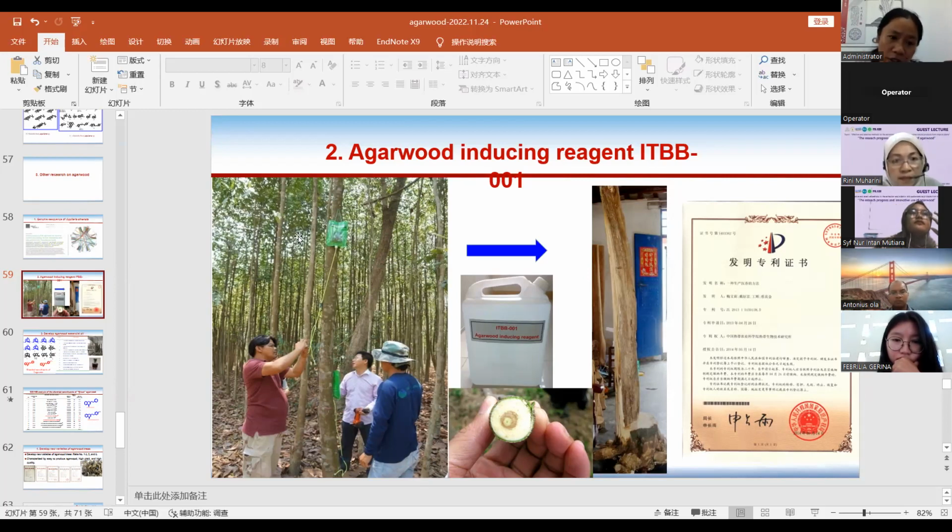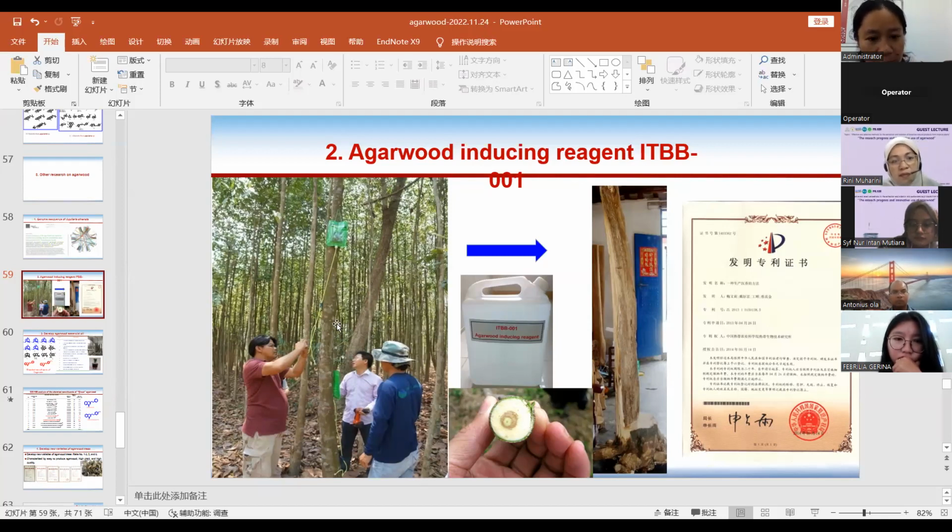So the water goes up from the roots, or from the stem. The water inside goes up. So it means the reagent, after going inside the stem, then goes up the stem.